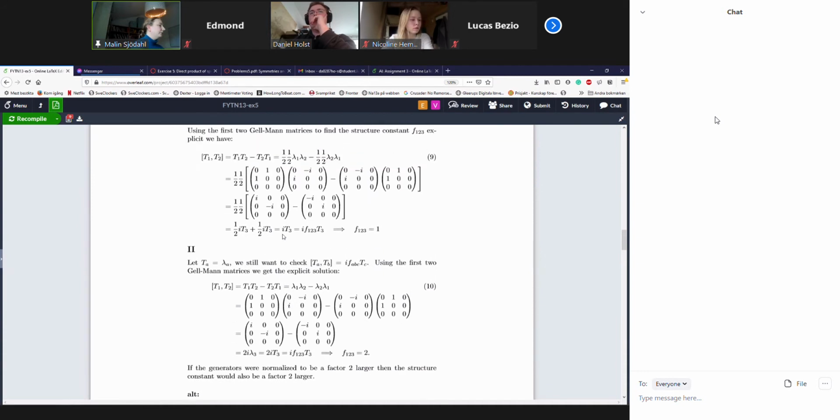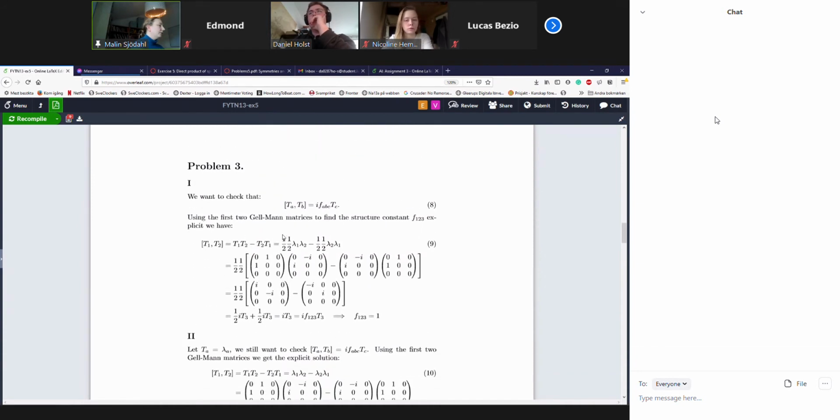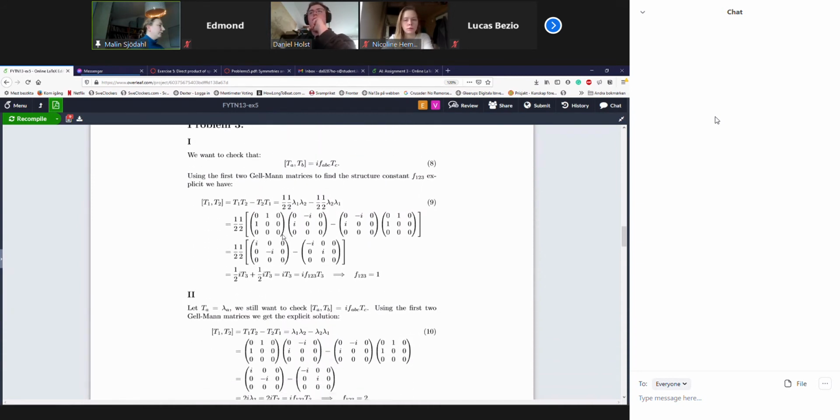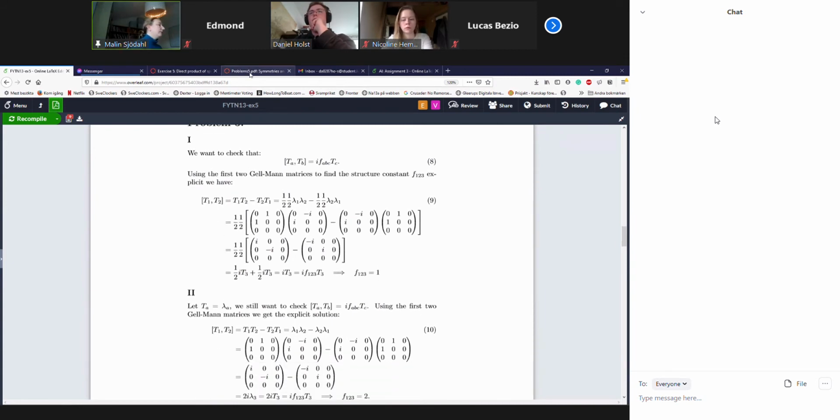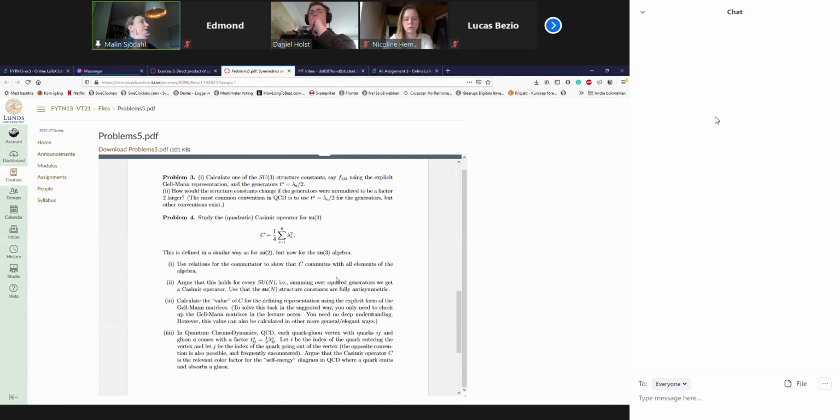3. And then we have exercise number 4, which is about the quadratic Casimir operator for SU2. So did anyone in that group solve that problem as well? Yes, I will show my solution as well.